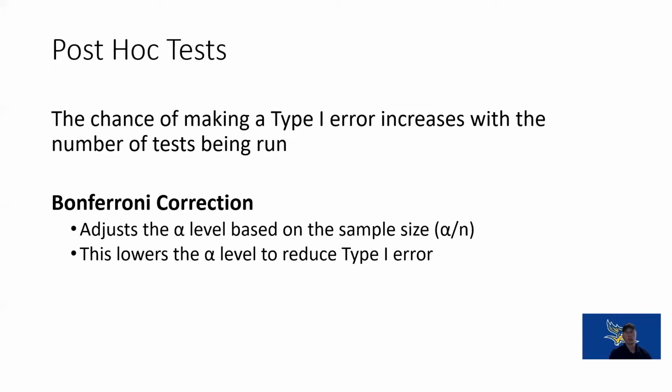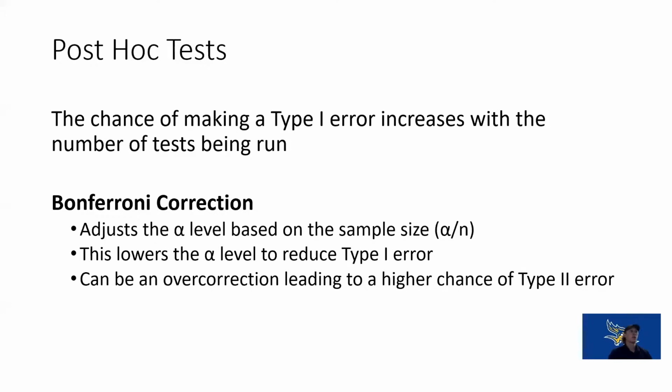It lowers our chance of type 1 error, which can in some cases be an overcorrection, or too conservative of a test, leading to a higher chance of a type 2 error. So it's good for reducing our chance of type 1, but that also gives us a higher chance of type 2.